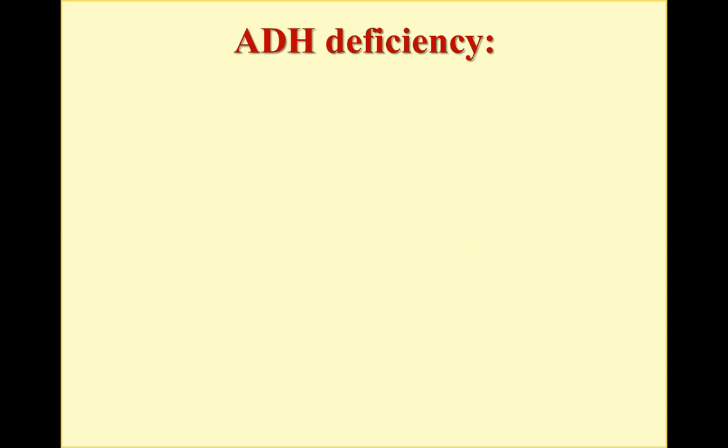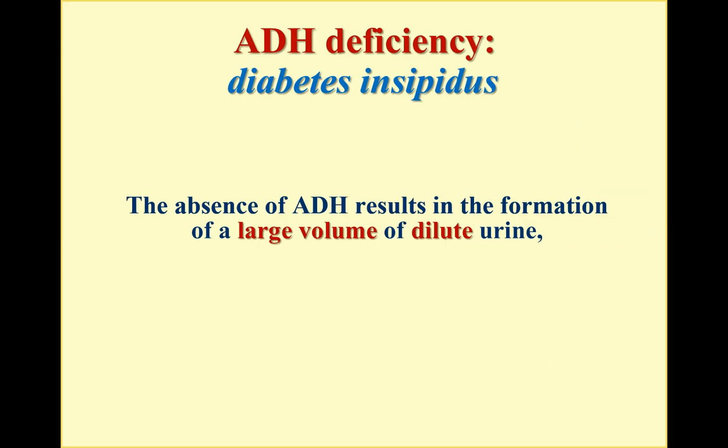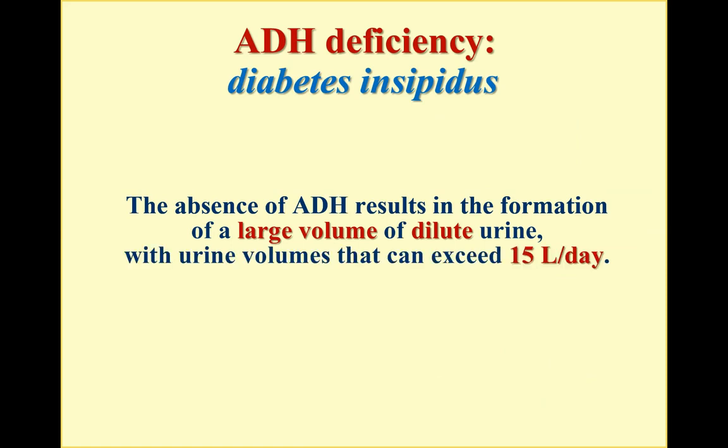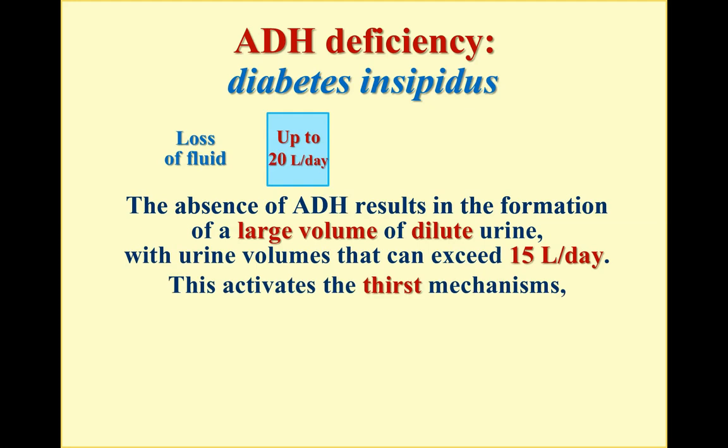ADH deficiency. If you remember, we studied that this produces the disease called diabetes insipidus, non-sugar diabetes. Absence of ADH results in formation of a high amount of hypotonic, diluted urine. And urine volume actually can exceed 15 liters daily. Loss of fluid may be up to 20 liters daily. And the thirst mechanism is activated strongly.